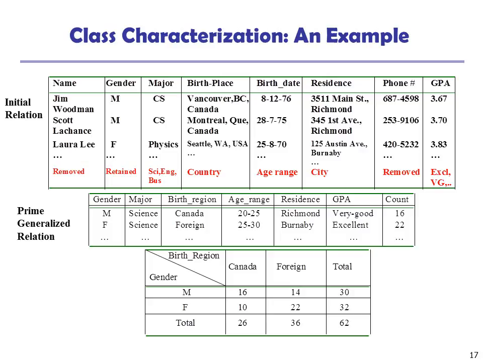If we create groups like that, you can put each row into one of these possible groups based on the GPA. So we are going to get a prime generalized relation as shown in the second table.